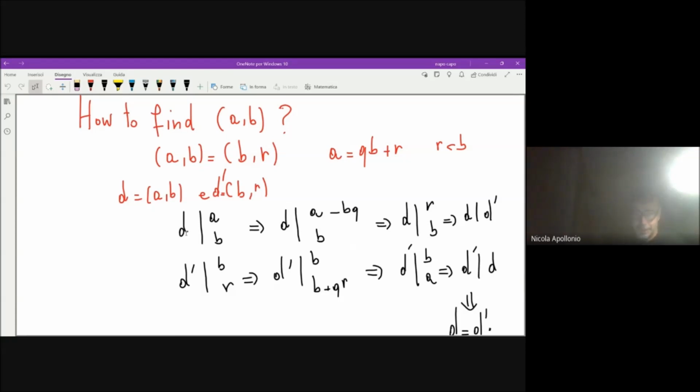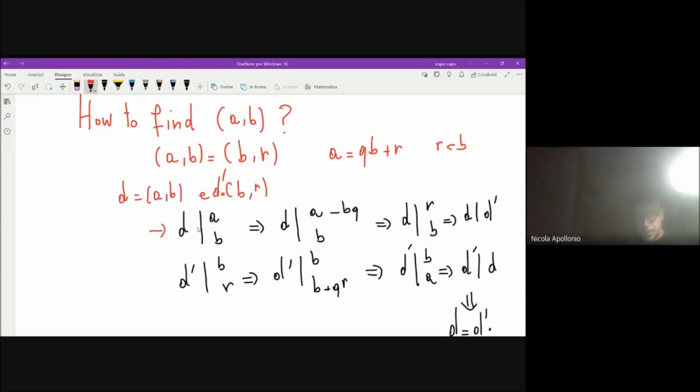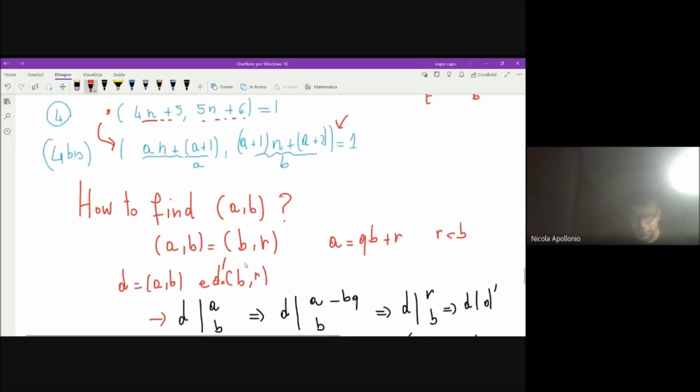So D is the greatest common divisor of A and B when D divides both A and B, and it is the greatest.